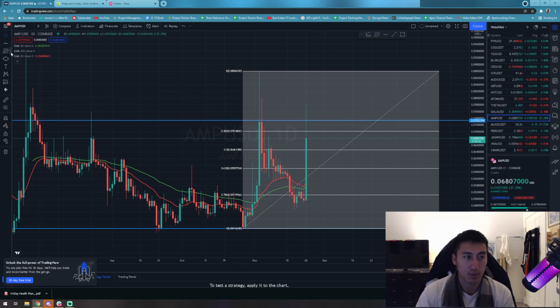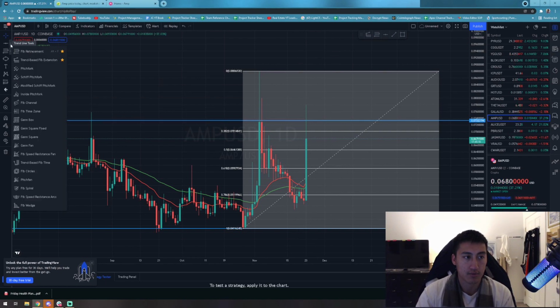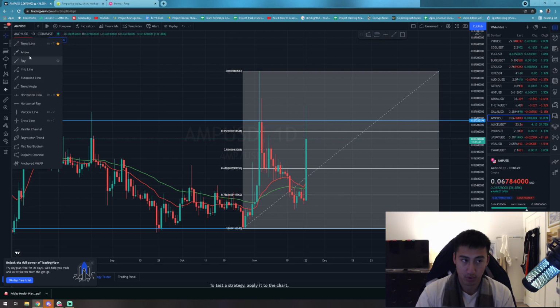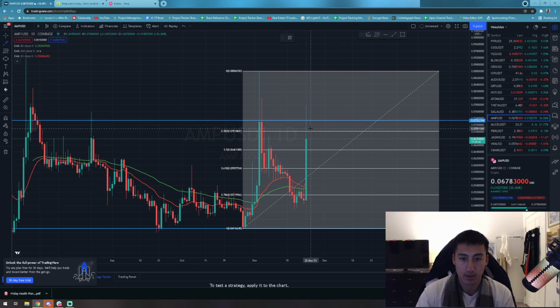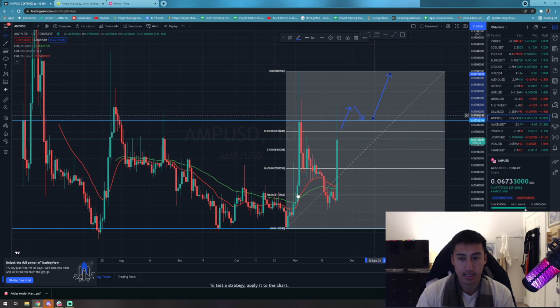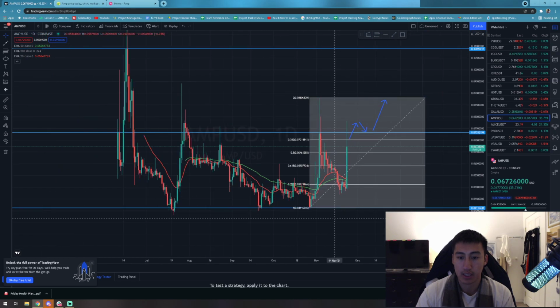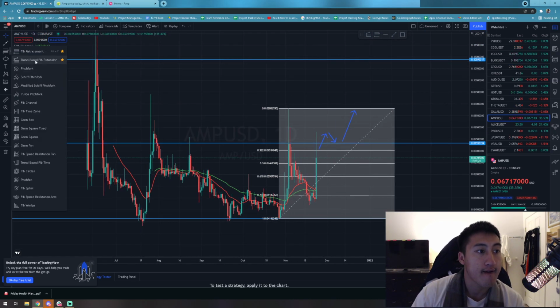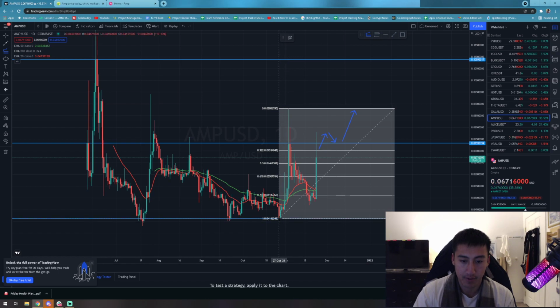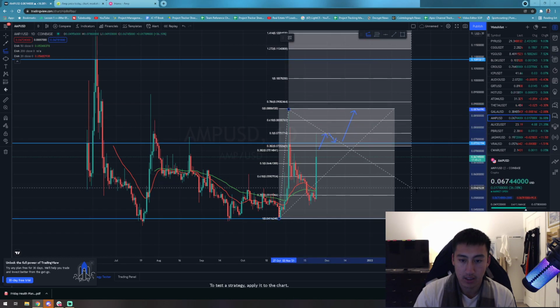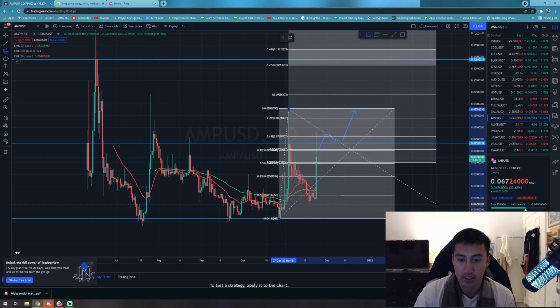Usually when it breaks out of a resistance or support, it will have to retest. Once the breakout happens, it has to retest back at the new support, and then hopefully we'll go back up. So that's step one. Then I want to see where the next price point is going to be. So let's draw out our trend-based Fibonacci extension from our higher low to a higher high to our recent higher low, which is down here.